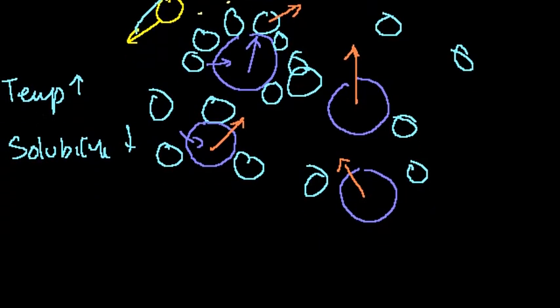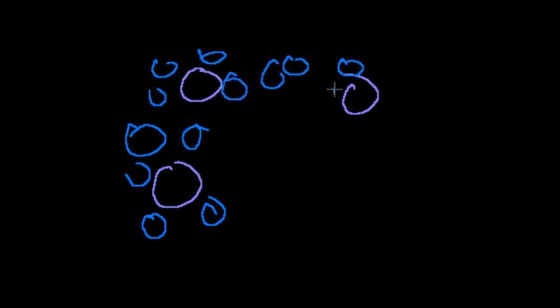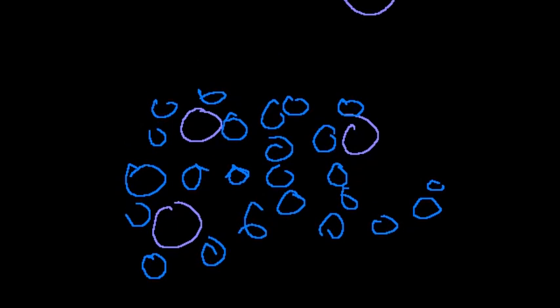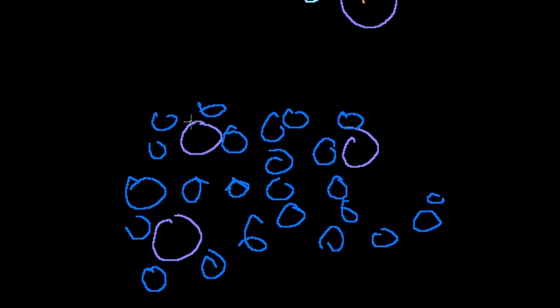Now the other factor, and it's not as big of a factor when you talk about a solid solute, but when you talk about a gas solute, let me just do it again. So those are carbon dioxide molecules, and then you have a bunch of water molecules that it's dissolved in. I think you get the idea. Pressure is also a big factor. I already said that their natural state is to roam free. They want to somehow bounce out of the water.